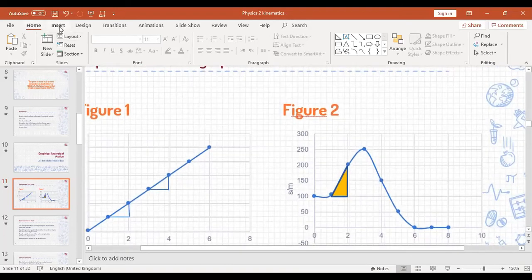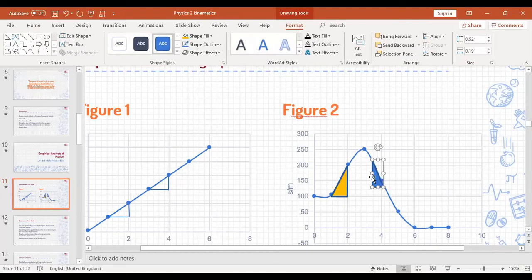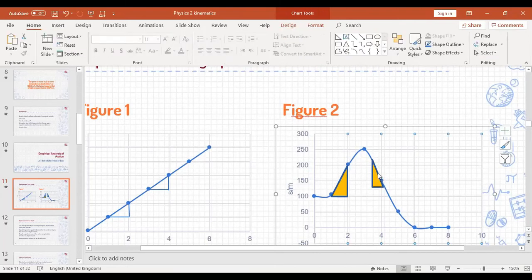Whereas at any of these points, you know that the graph is decelerating as the gradient is negative.